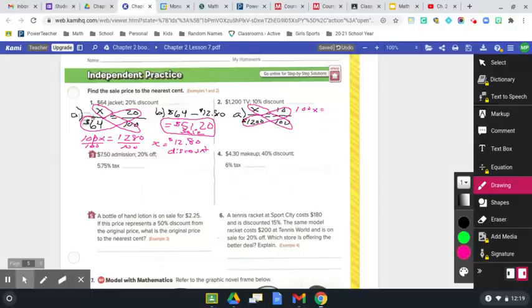Just going to put an extra 0 on that. So 12,000. Divide by 100. X equals, divides by 100, 2 places to the left, 1, 2. 120 is what your discount is.